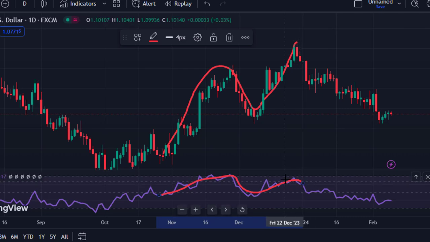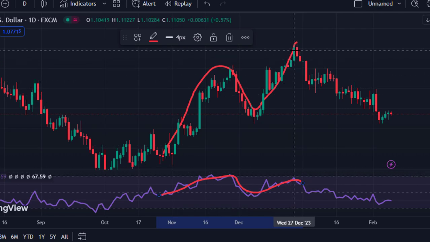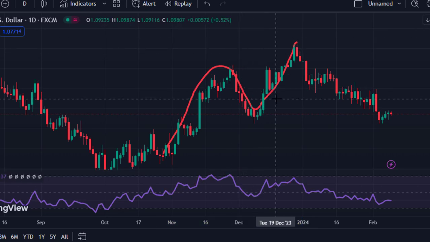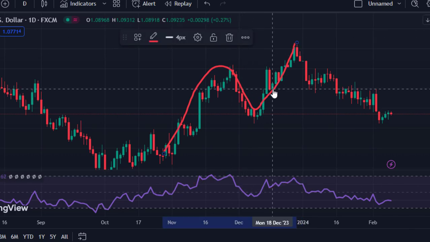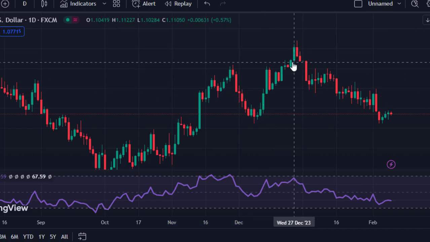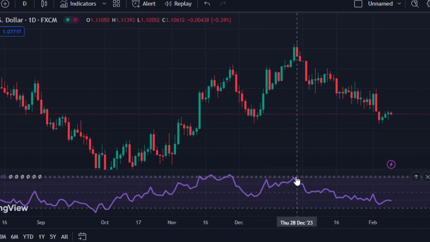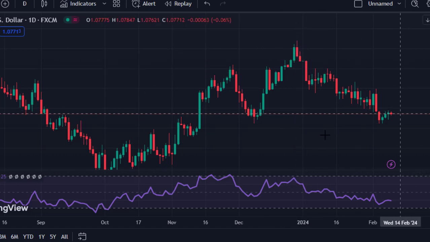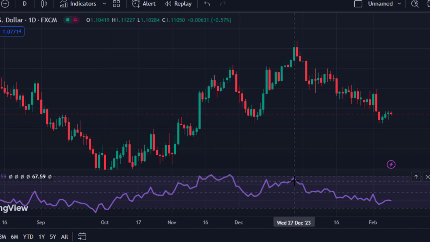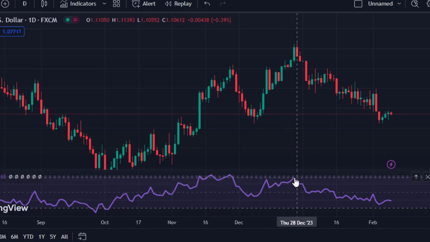But what we see on the price chart was a creation of a new high. Now, what this means is that there is low momentum, in as much as we are seeing high momentum on the price chart to the upside, but the indicator is signaling us about a potential move to the downside, and that is why the indicator did not enter into the overbought condition again at this very point.